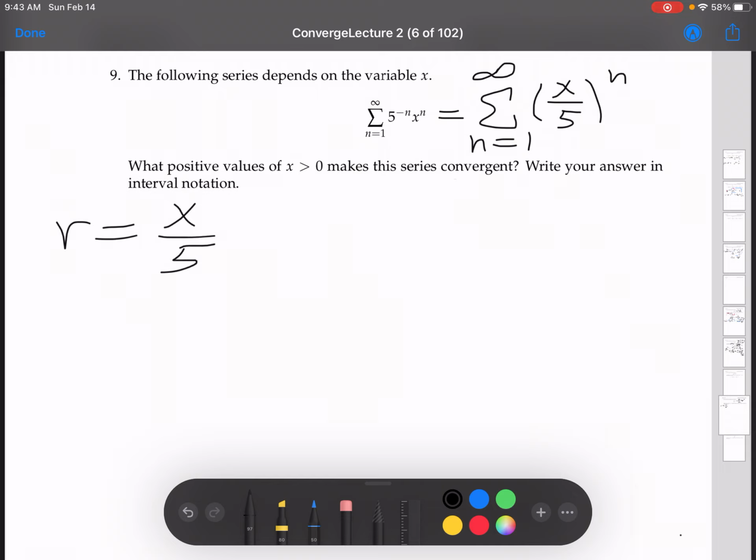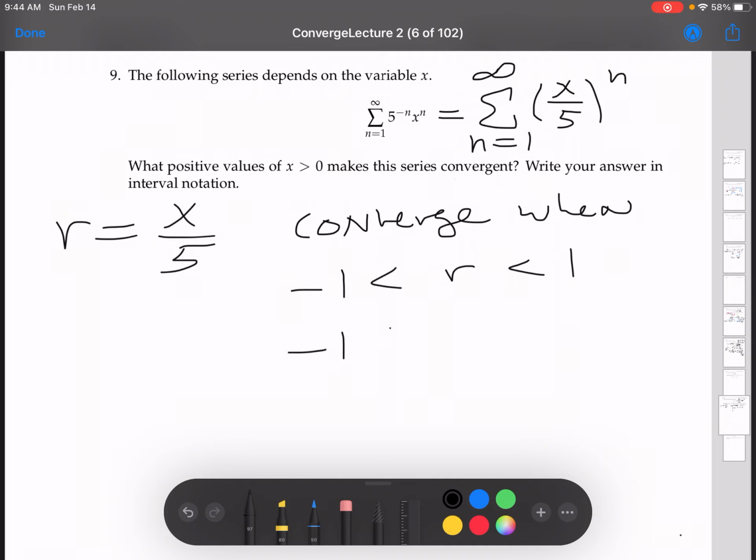And remember, the geometric series converges when r is between -1 and 1, not including -1, not including 1. Well, r is equal to x over 5, so we can put that in. And now we'll solve for x.